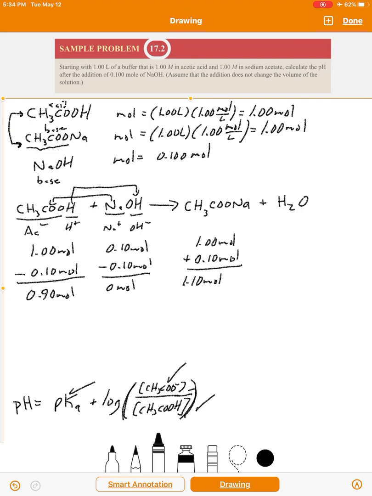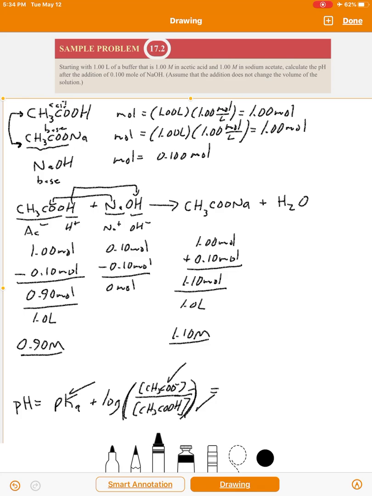So now the molarity can be found by dividing by the volume. If we take the number of moles and divide that by the volume, 1 liter, we get 0.90 molar and 1.10 molar. So now we've got the concentrations. Now we can plug this into the Henderson-Hasselbalch equation.